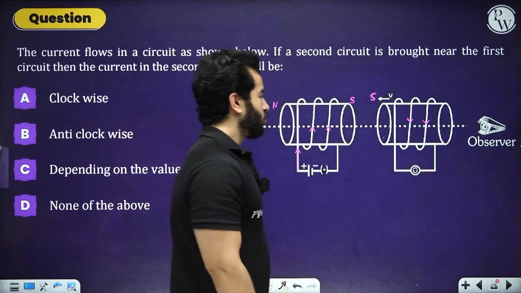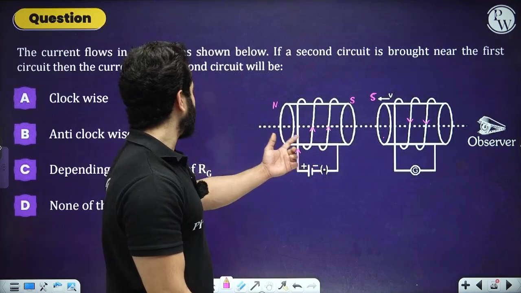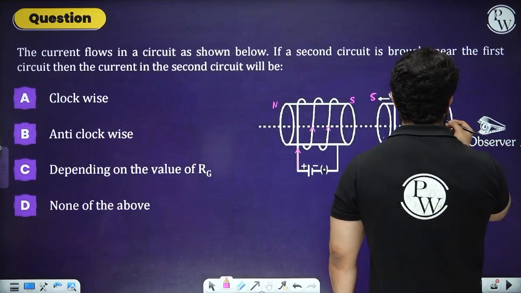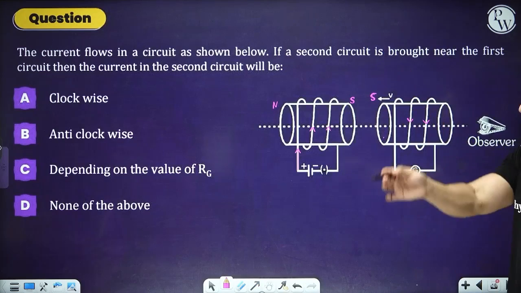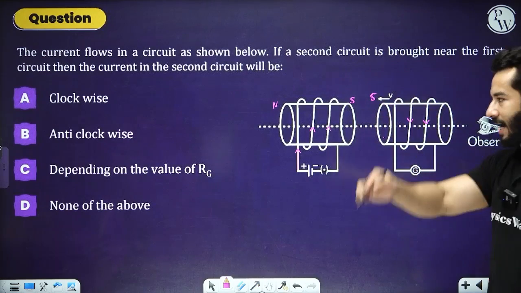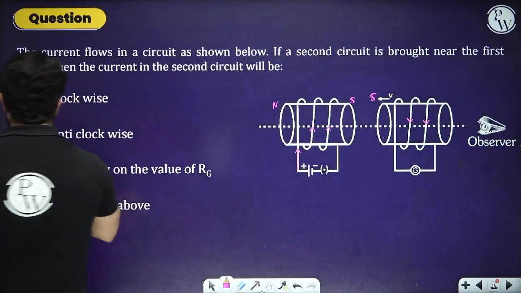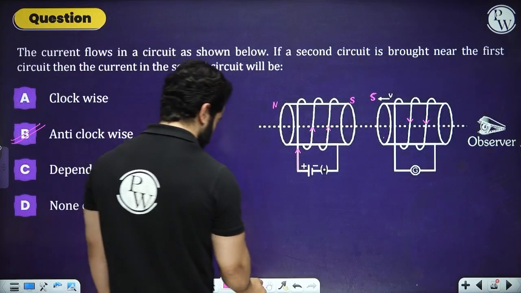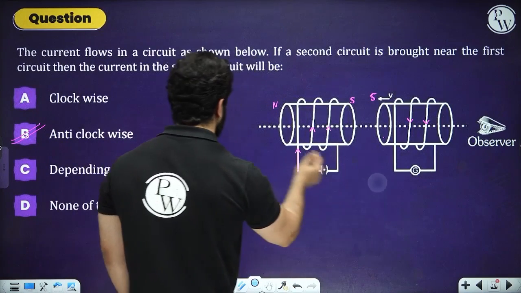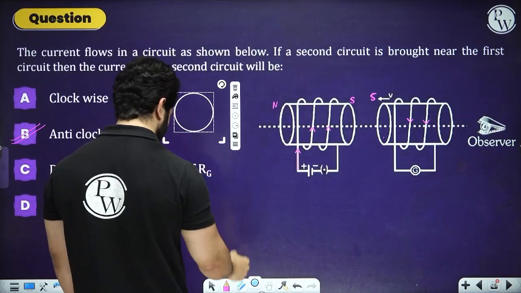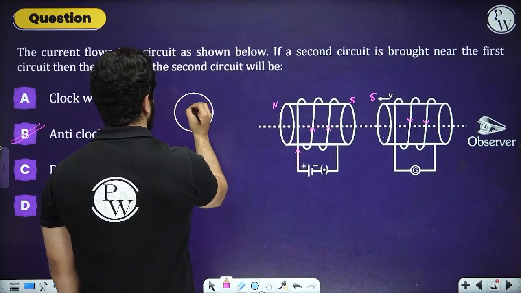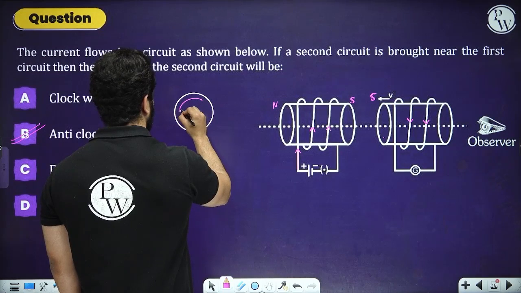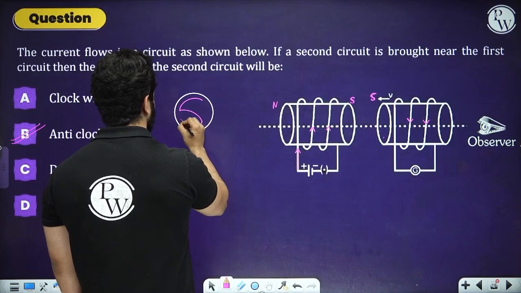right? So basically, they are saying from the observer, it is south pole. So from the observer, the direction of current is something like this. That means anti-clockwise, right? Also, you can do all of those things that you might have seen, that for south pole, they do something like this, right?